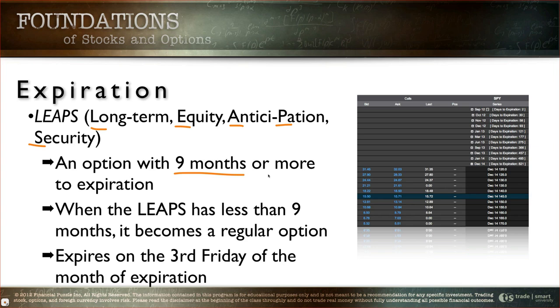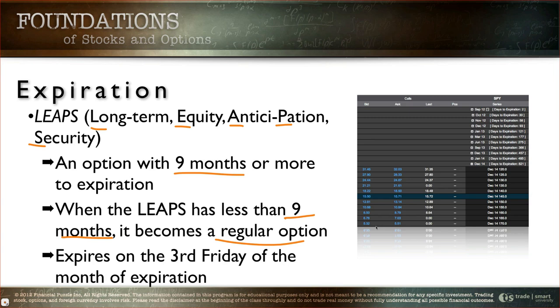Whenever the LEAPS has less than 9 months, it becomes a regular option. So a lot of options, in particular January options, start off as a LEAPS option, and then they become a standard option. Before you know it, they're front month, then they're the weekly, and then they expire. All right, so that's the way that LEAPS work.